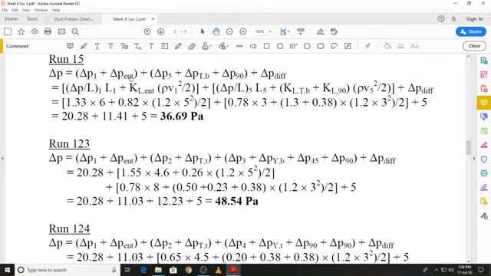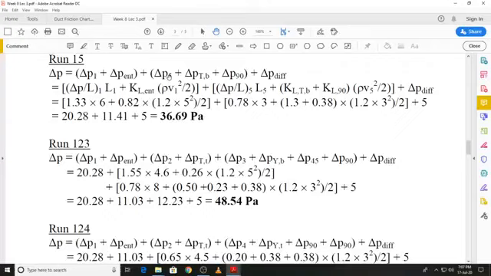After that you move into segment 5, and in segment 5 the 2 straight portions of 1.5 meter length each can be combined into a single portion that is of length 3 meters, and then you can calculate the frictional pressure drop due to that straight part of the duct.